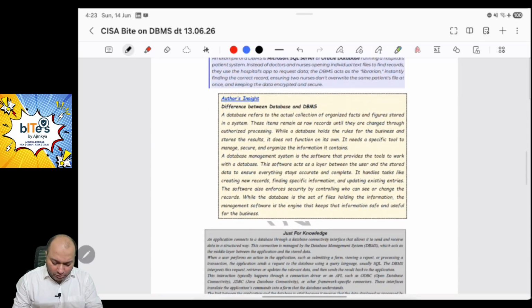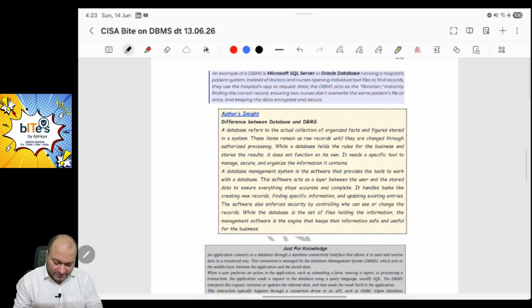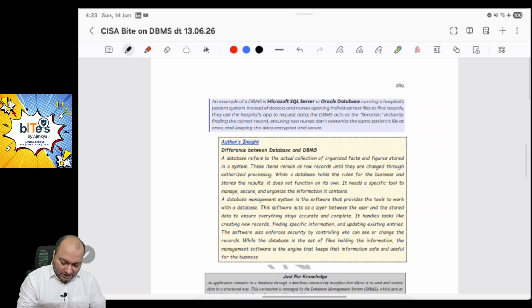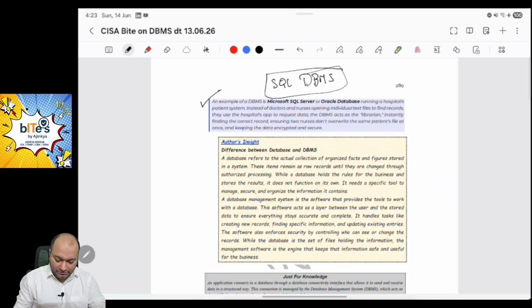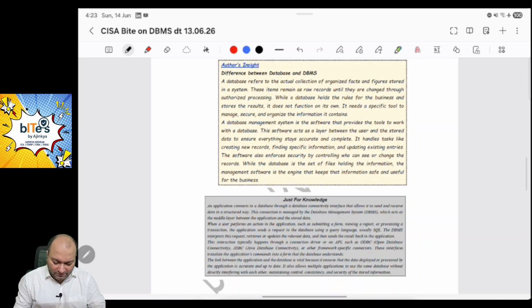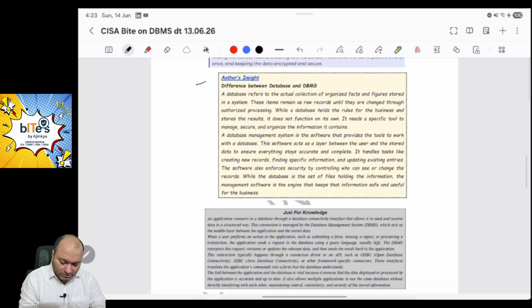I have also put the screenshot of various other parts which are relevant for database management system. I have put in an example which says that SQL Server is an example of a database management system. Within our book we have also given two different parts: author's insights, and just for knowledge. Now I don't want to tell you more about the book.